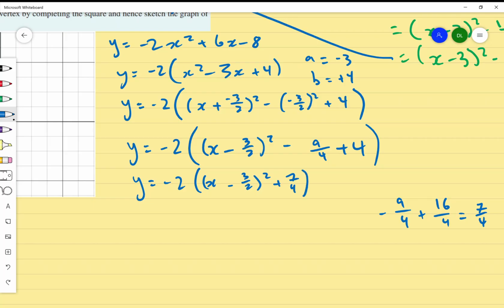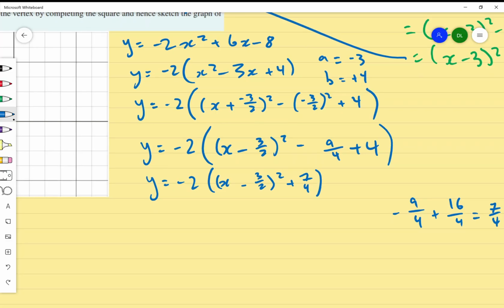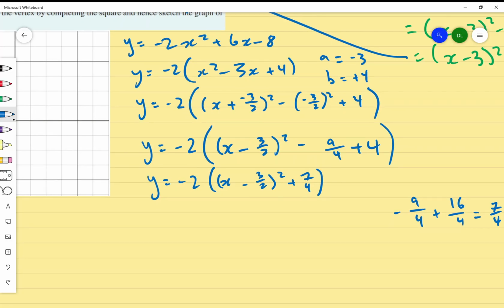Am I done? Can I find the turning point now? Guys, I'm hearing a lot of chat at the back. No, what's up to do? Expand. Thank you. Expand it. So y equals negative 2 bracket x minus 3 over 2 squared. Multiply those two. So I get minus 14, or no, sorry, not 14, minus 7 over 2.